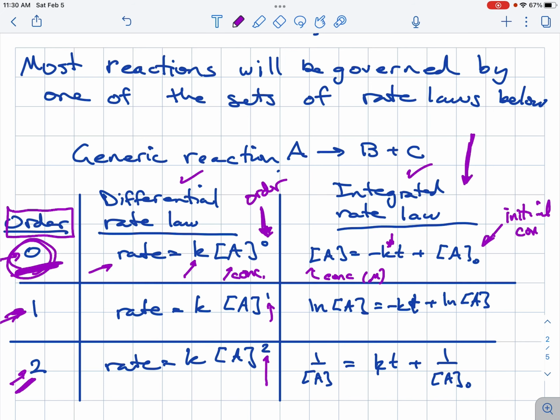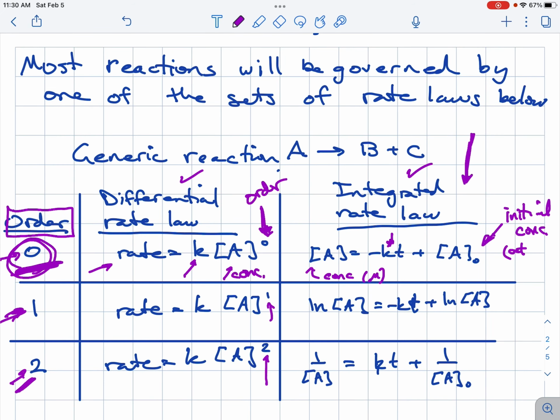So in other words, it's the concentration at time equals 0. That's why there's a little subscript 0 here. It's a subscript, it's just a label. It's not an exponent or anything like that. You don't do anything with it, it's just a label. So you would read this whole equation here as concentration of A equals negative rate law constant times time plus initial concentration. All right? I know it's a lot of symbols, so you'll get used to it.